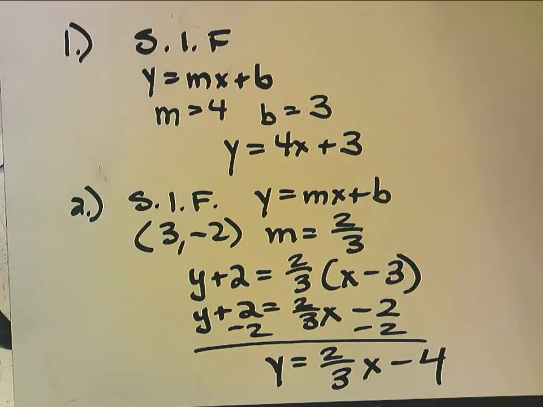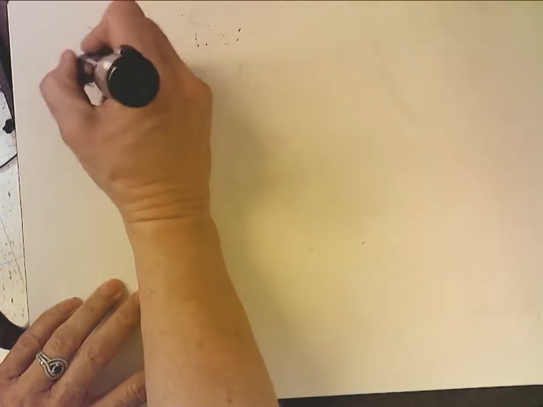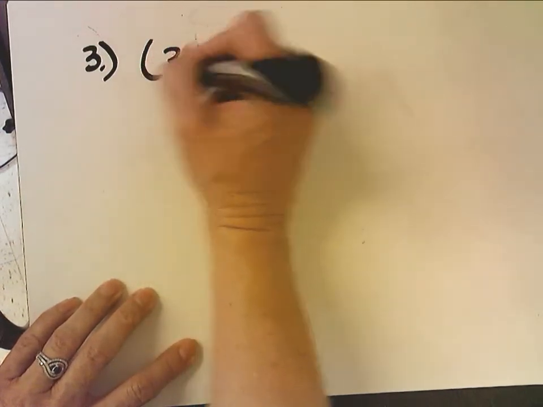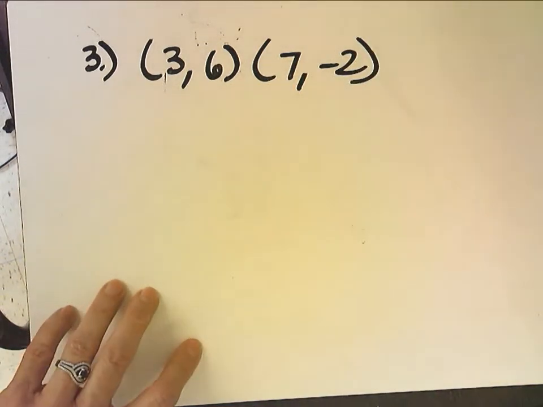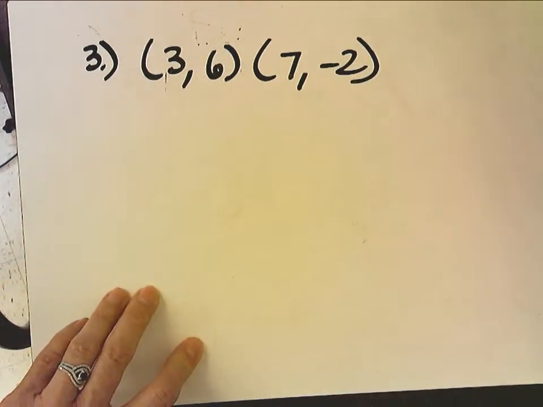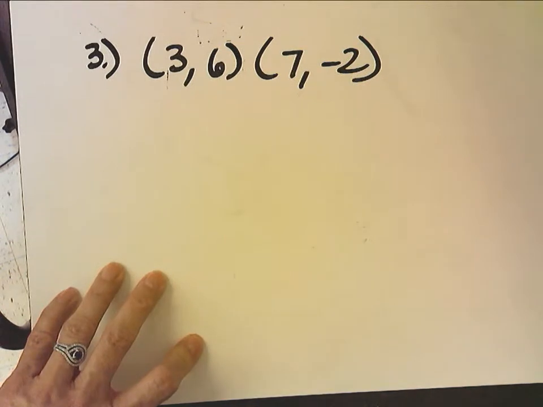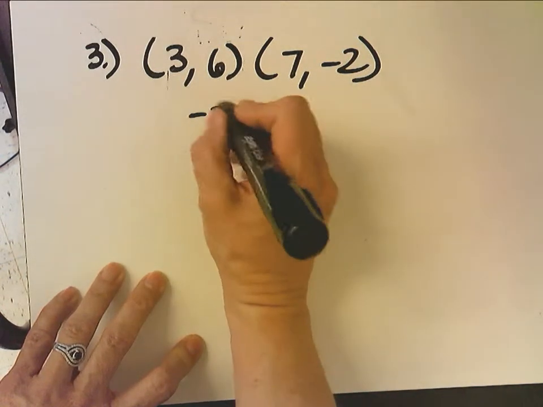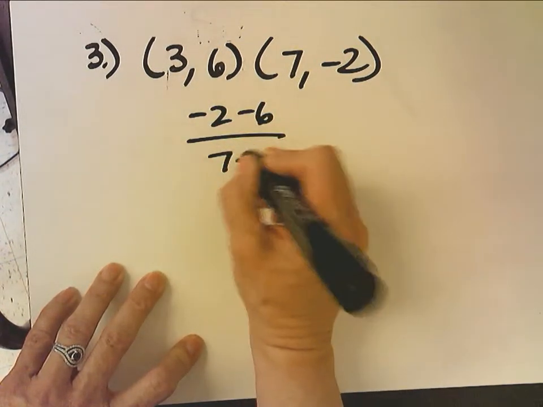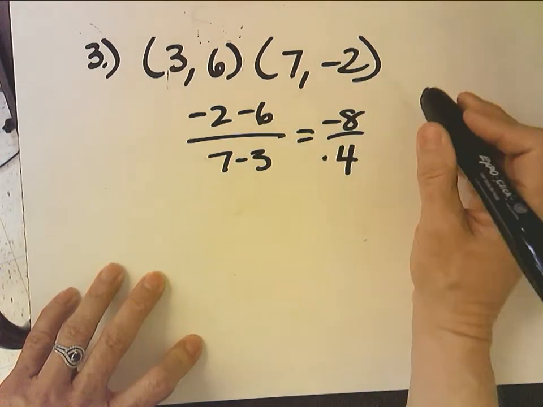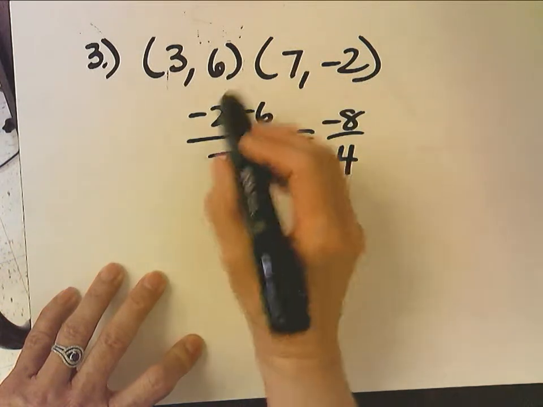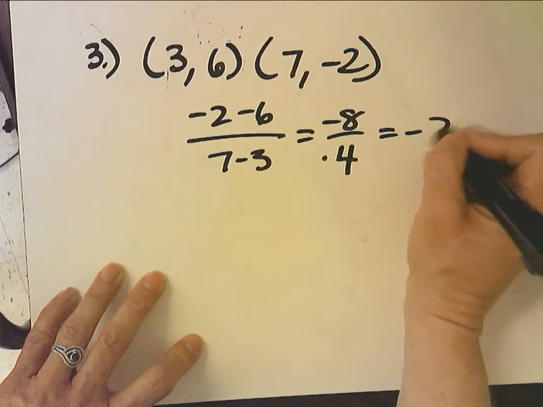Okay, now number 3. They give you 2 points, and again, they ask for slope-intercept form. Whenever I'm given 2 points, I find the slope. So this is -2 minus 6 over 7 minus 3, which is -2.